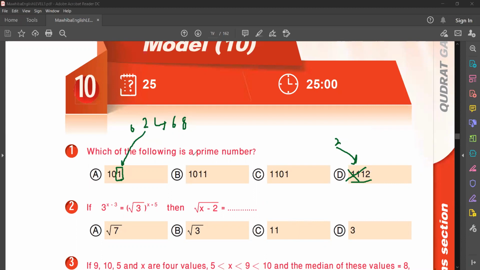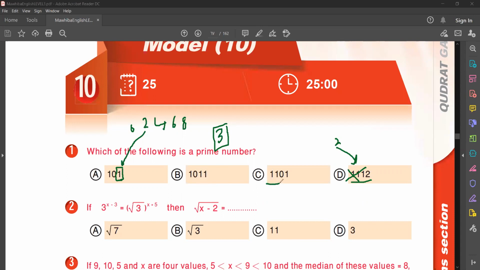What about how you know it is divisible by 3? You must add all the digits in the number. If the sum of the digits is 3, 6, 9 like this, then it is divisible by 3.